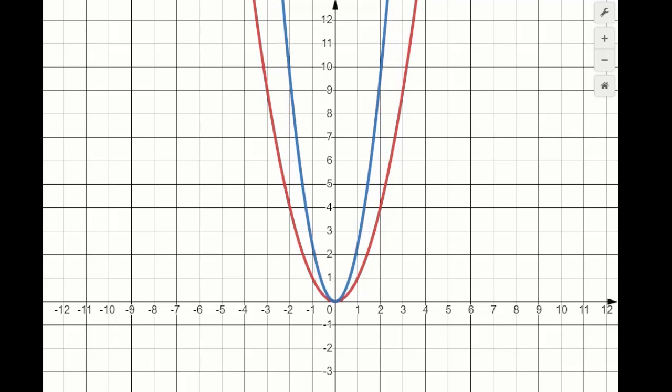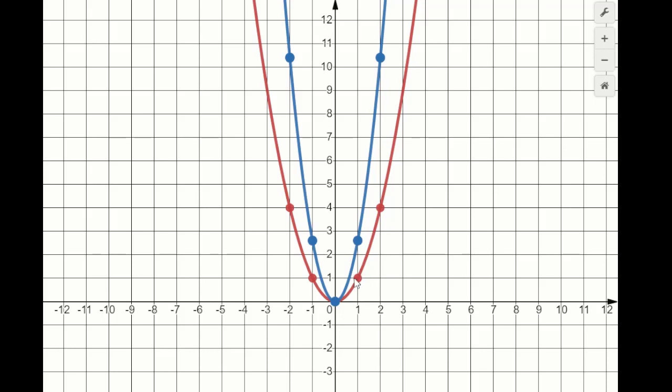Vertical scaling means that if I'm using the guiding points, these are the guiding points for the original graph. And now these are the points for the transformed graph.